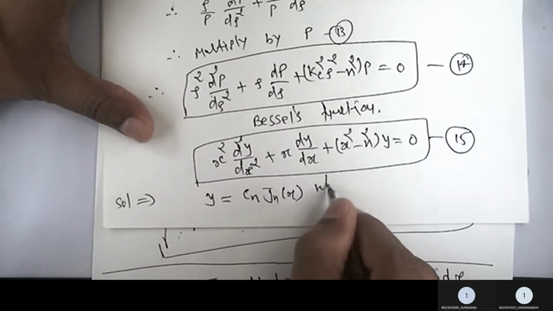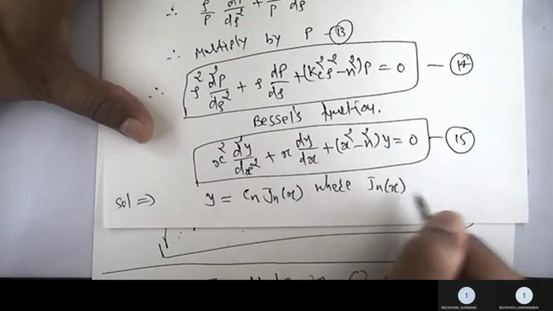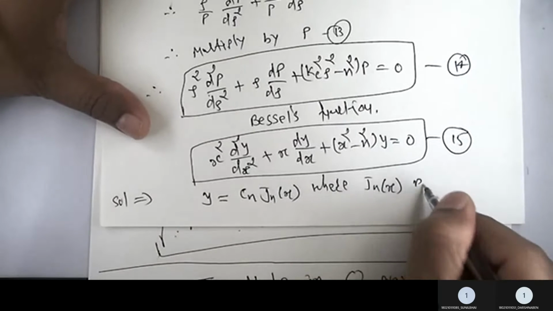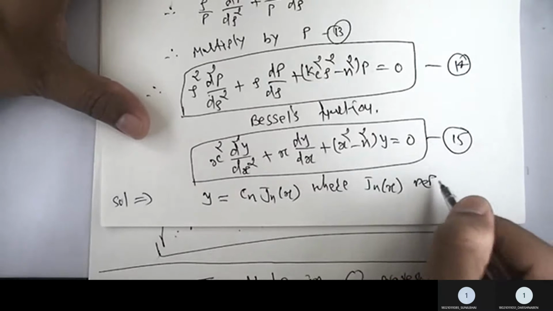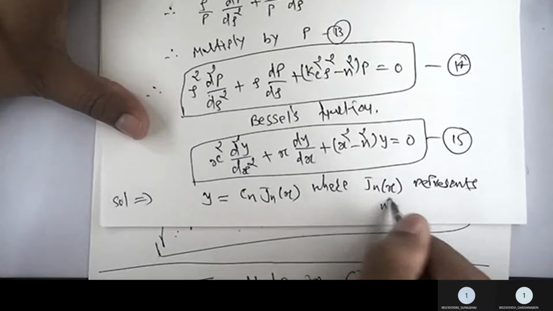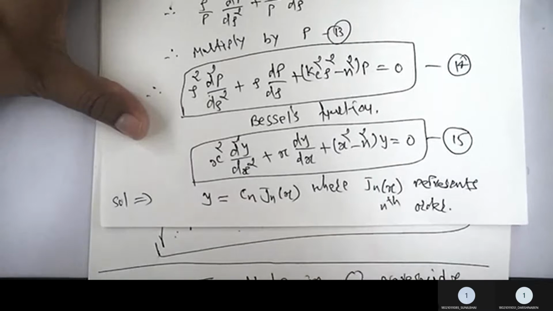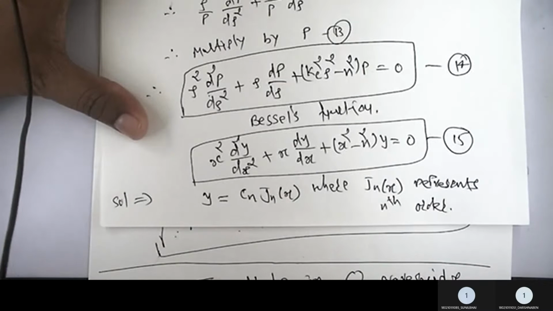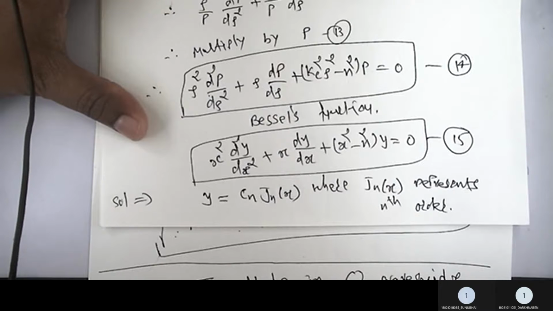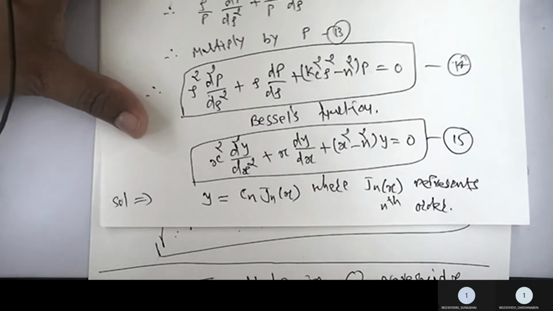All of you know that this J_n of x represents the nth order Bessel function. So it means that somehow you have to find the solution of equation number 14 using Bessel functions. So how to do that?